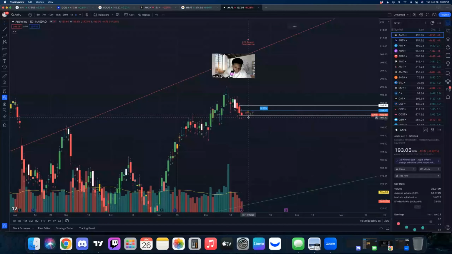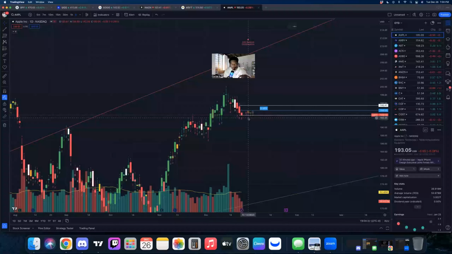Now, what I'm seeing is we are at an area, and that's one thing to keep in mind. There's not just a single point or line when it comes to support and resistance. Support and resistance is really an area. So if you're going to be charting support and resistance on your charts, I would highly recommend drawing a rectangle or an area.